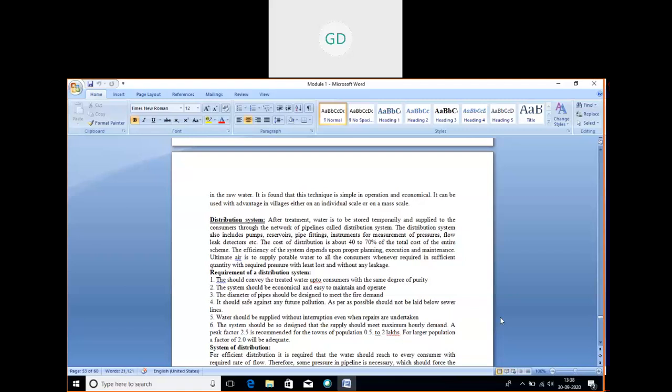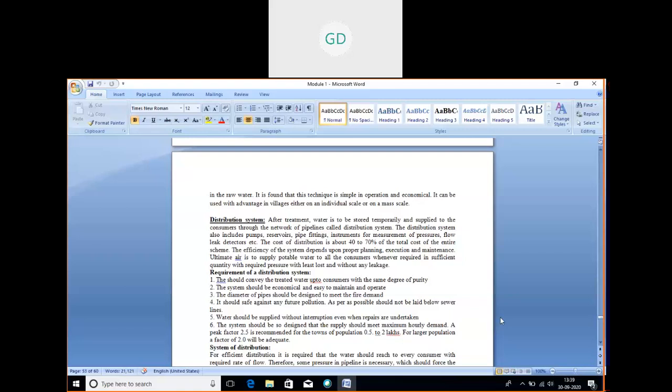This function of carrying the water from the treatment plant to the individual homes is accomplished through a well planned distribution system.